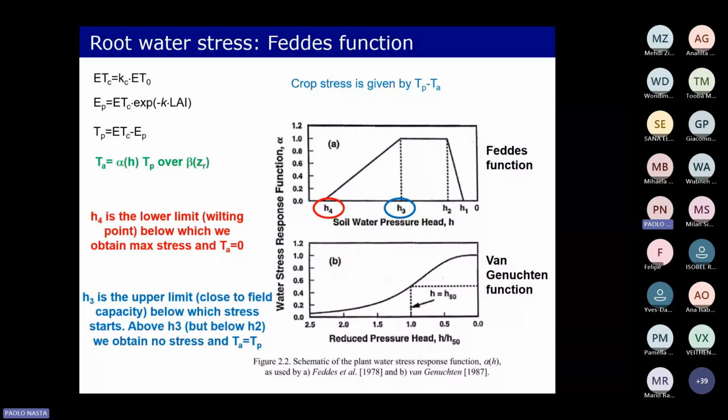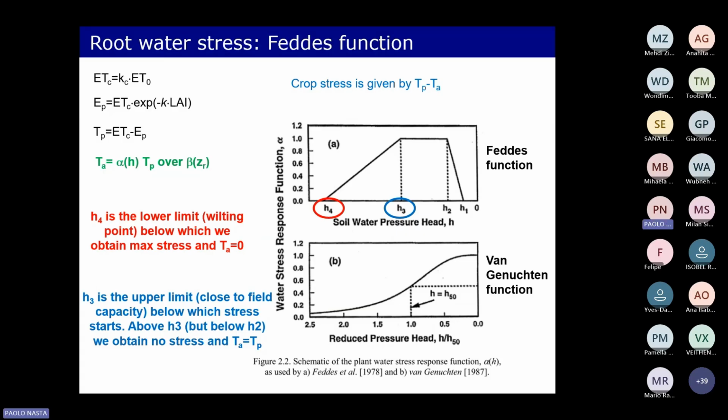Okay, last two slides before gaining back my voice. The root water stress. So we said that it depends on the Feddes function, that in turn depends on key pressure head values, such as the wilting point, which is the H4, at which the alpha parameter of the Feddes function, the alpha ranges between 0 and 1, as you can see on the y-axis of the plot, and reduces the potential transpiration into actual transpiration.